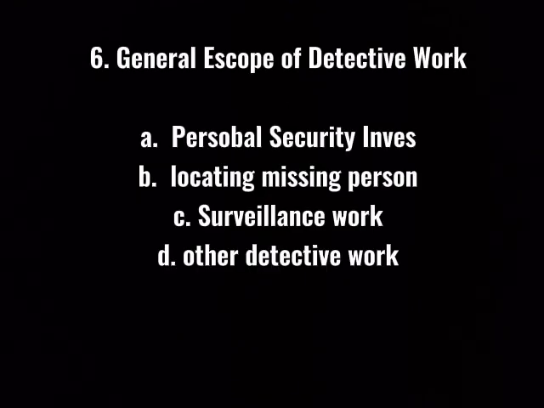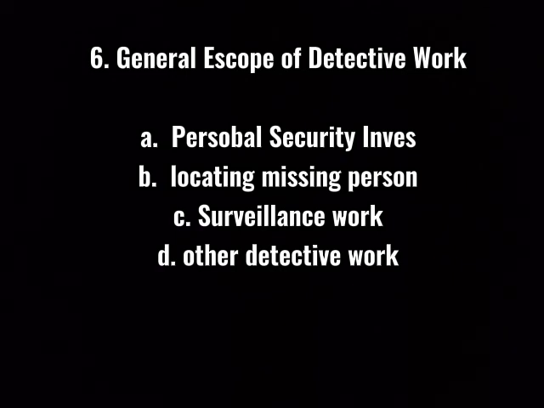Number 6. General scope of detective work. A private detective shall operate on a covert type of mission on a specific confidential order issued by his agency. The nature of his mission may depend on the contract between the client and the detective agency. It shall include letter A, personal security, investigation, background investigation.